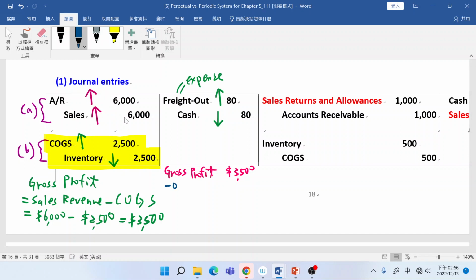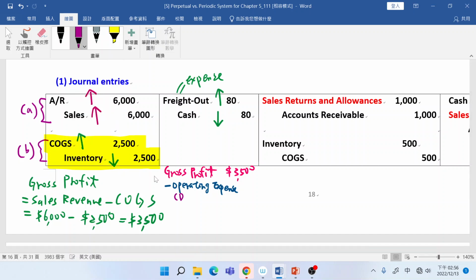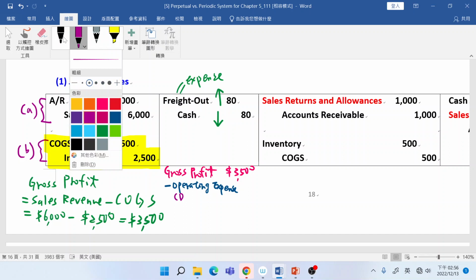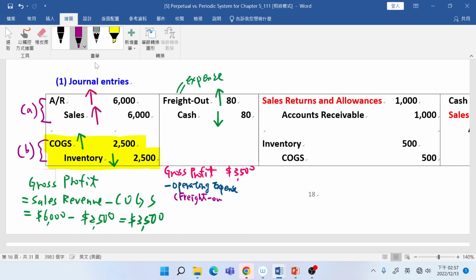Right now, minus second major expense, operating expense. For operating expense, we have delivery, freight out, maybe freight out. How much? $80.